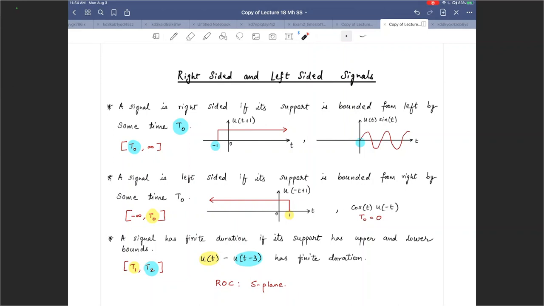Its integral is constant. Yeah, exactly, right? So because the limits of the integral are defined by t1 and t2, it will always converge. So ROC will always be the entire S-plane in this case.